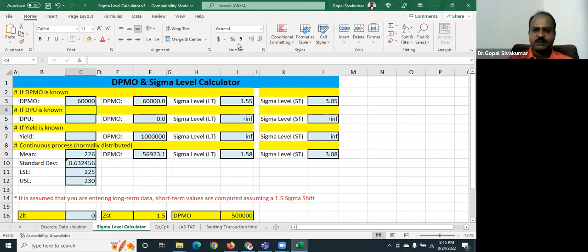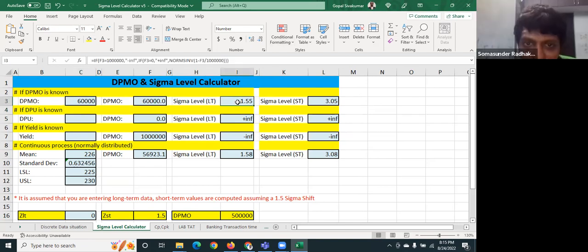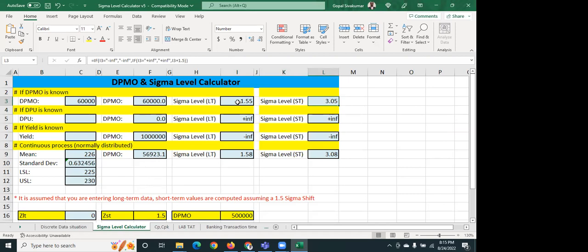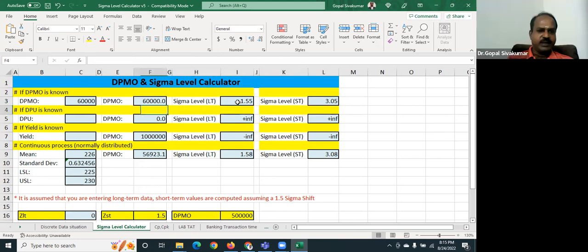Is my screen fully visible or is something hiding? It's fully visible, sir. Tell me, when I type DPMO, what is populating? Sigma level LT and sigma level ST are populated. And then we have other things, defects per unit, and then DPMO.